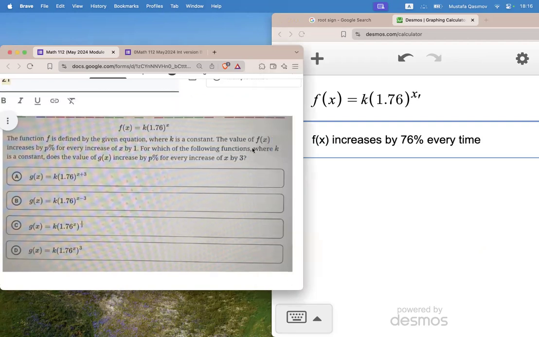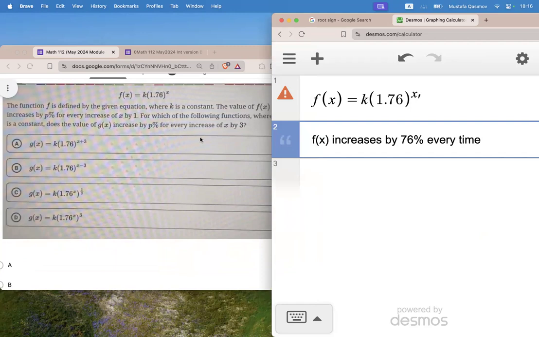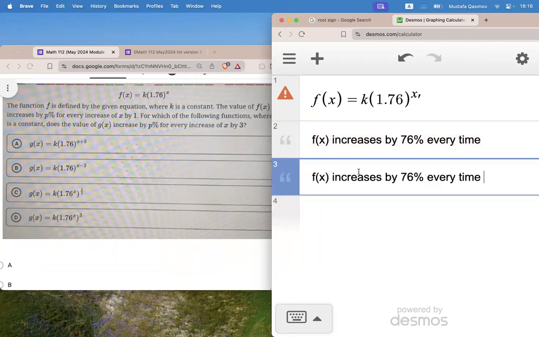For which of the following functions, where k is a constant, does this one increase by p% for every increase of x by 3? So we can write it like that. F of x increases by p, or 76%, every 3 increase, something like that.